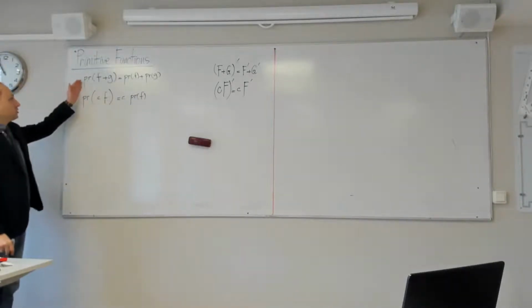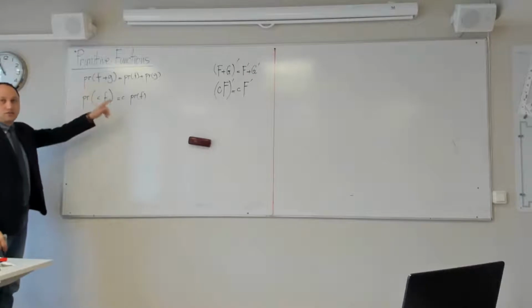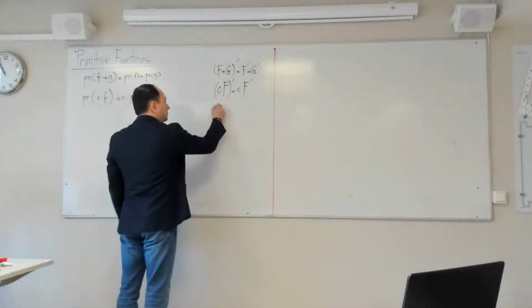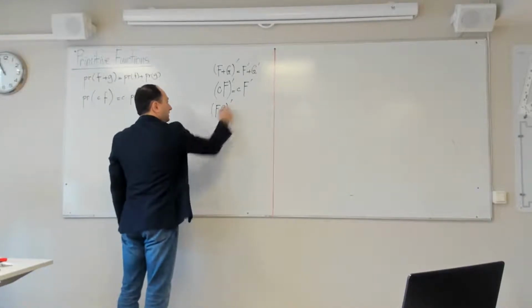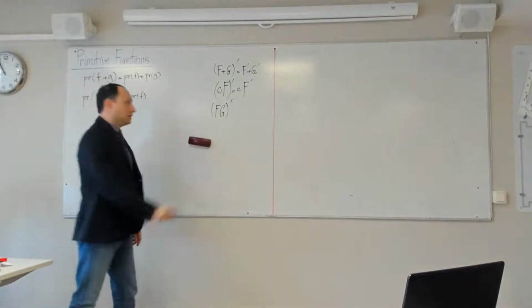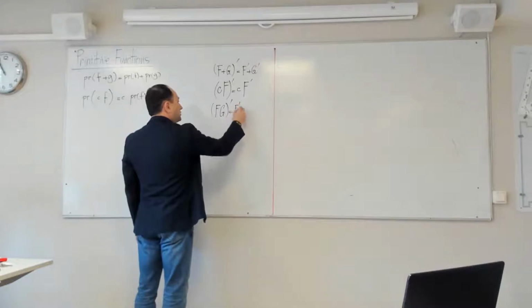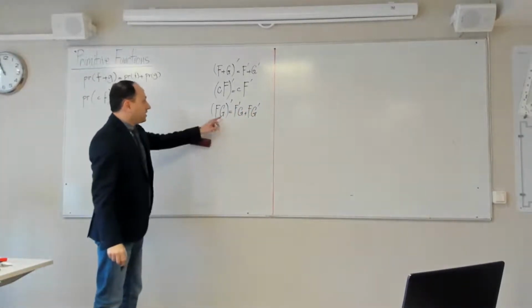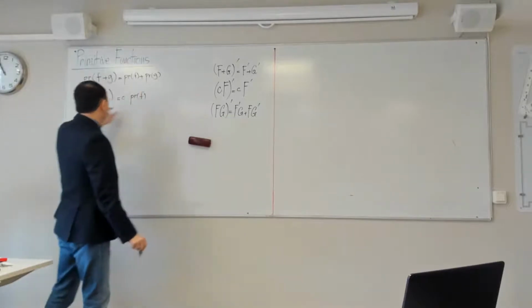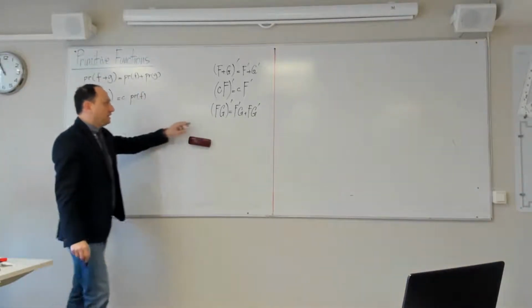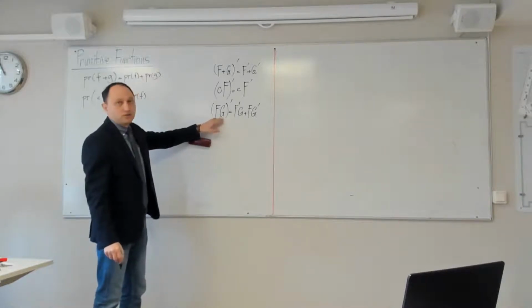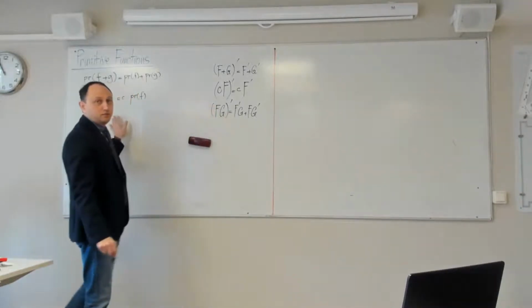Okay, but unfortunately, the analogy stops here because we learned that there is another rule, a product rule. This is f prime g plus f g prime. It is not easy at all to translate something here. You will study quite extensively about this rule, translating it into the primitive function.